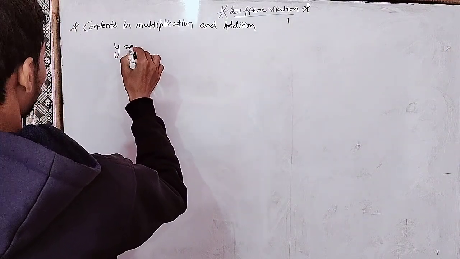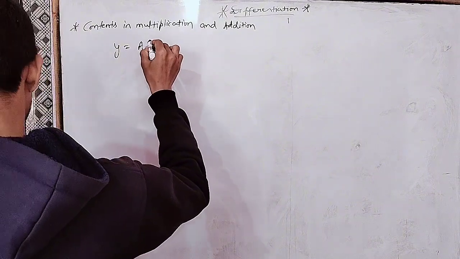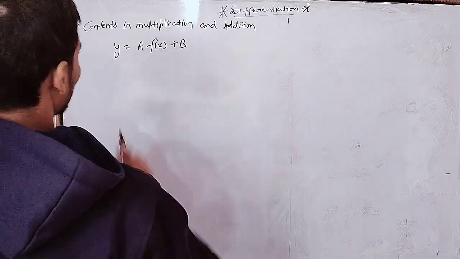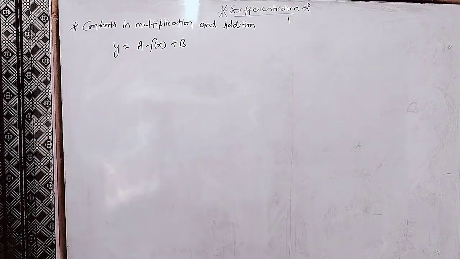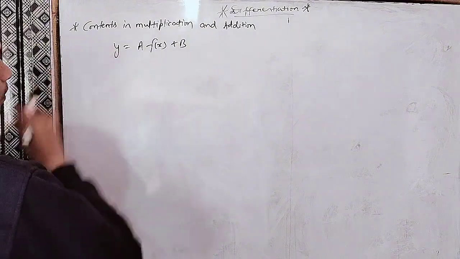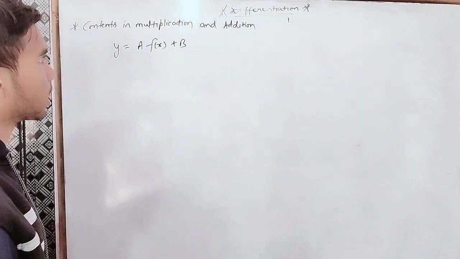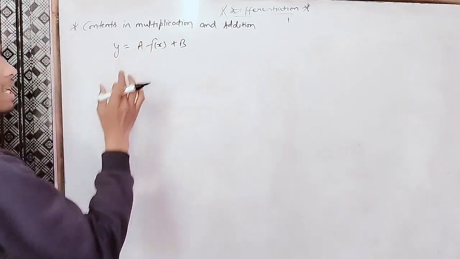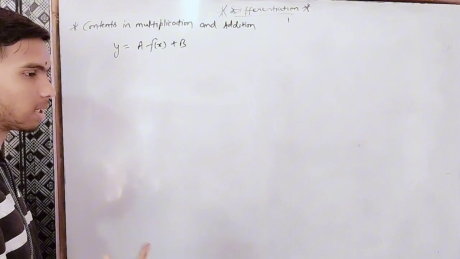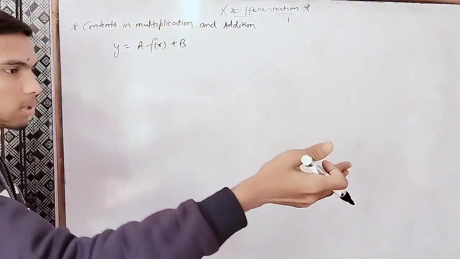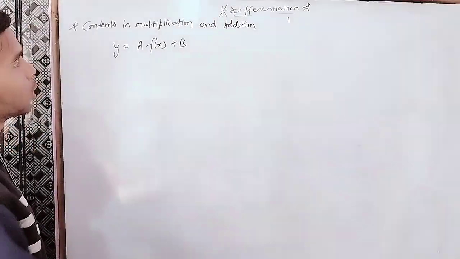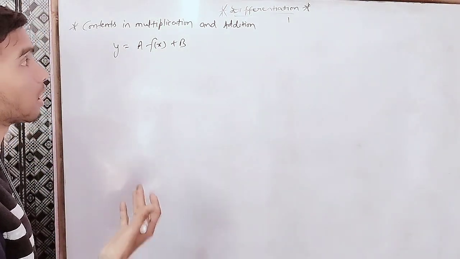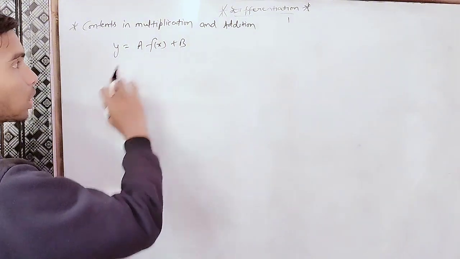So let's take an example to understand it. Function f(x). Look here carefully. We have an example. What is it saying? A is a number, not a variable. B is a number, not a variable, not an alphabet. So here we have to represent x because here we are looking at f.